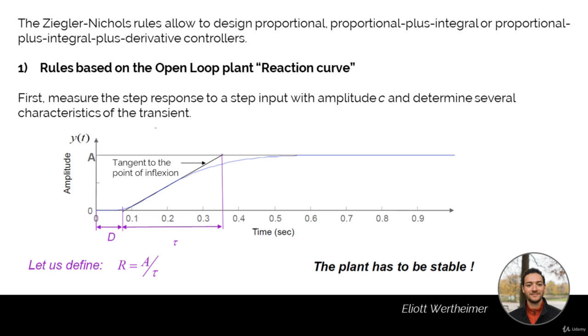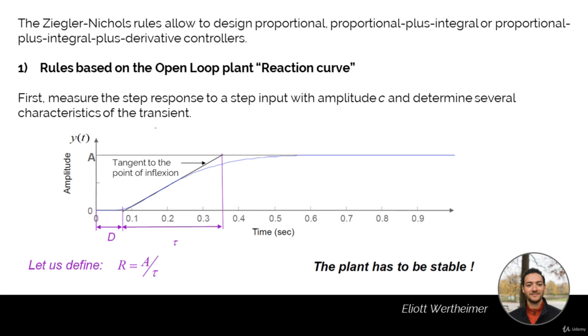The open loop plant reaction curve is actually the response curve to an input to our open loop plant. Open loop plant means we just use the transfer function of our plant with no controller and with no feedback. Let's say we've input r(t), our reference input, and measure the output y(t), which is essentially the response.